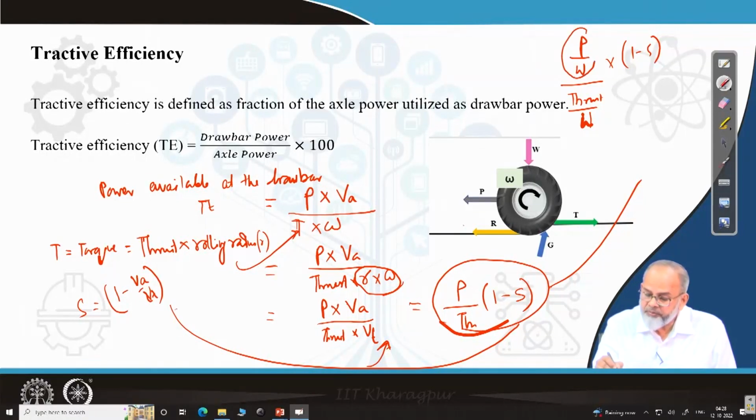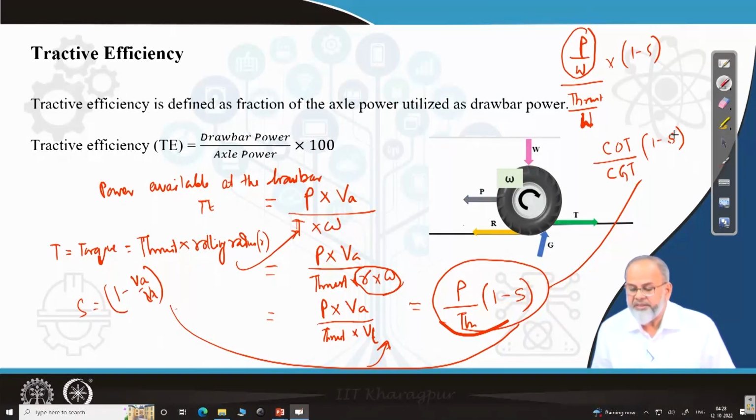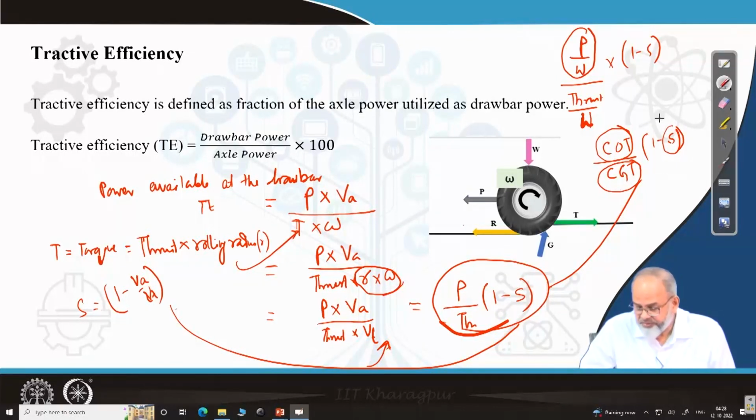This P by W we have already defined as coefficient of traction, which is COT. Thrust by W we have defined as coefficient of gross traction, CGT, into 1 minus S. So tractive efficiency is the ratio of COT by CGT into 1 minus S. That means it takes care of pull, it takes care of the thrust, and it takes care of the slip which is associated while developing thrust.